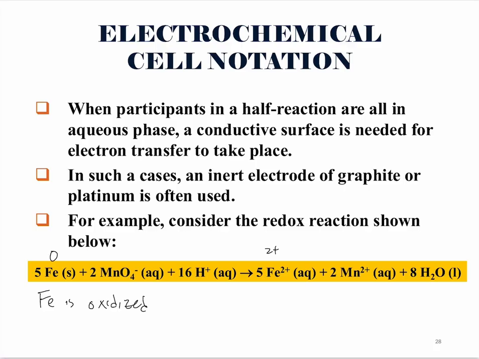The reason we don't look at hydrogen or oxygen in terms of their oxidation state changing is because it would be like asking, well, is the electron oxidized or reduced? Those are part of the oxidation or reduction process. The movement of electrons can be analyzed in the same way as the movement of oxygen or hydrogen as well, right?